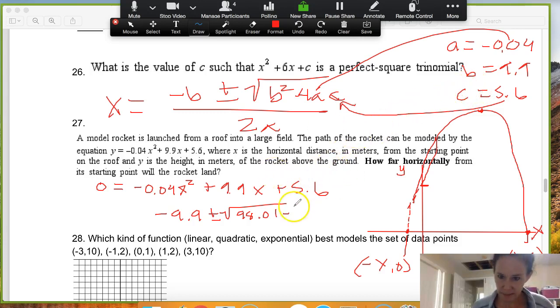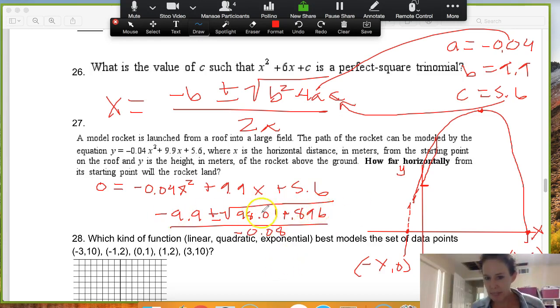So that is going to give me positive 0.896. Okay, so just plug that all in. All over 2 times my A value, 2 times A, so 2 times 0.04, and it is negative here. So I'm going to have negative 0.08 on the denominator.